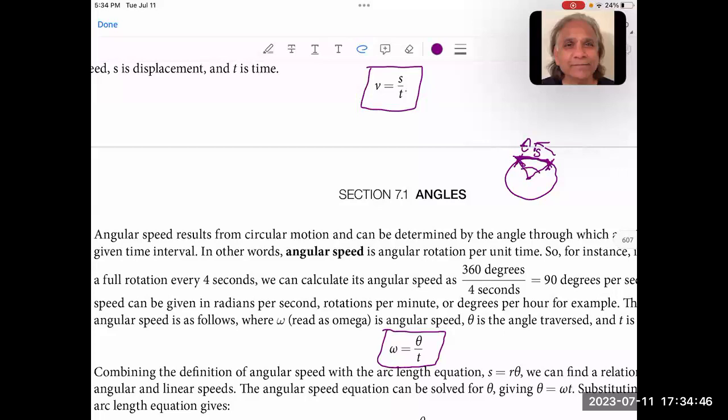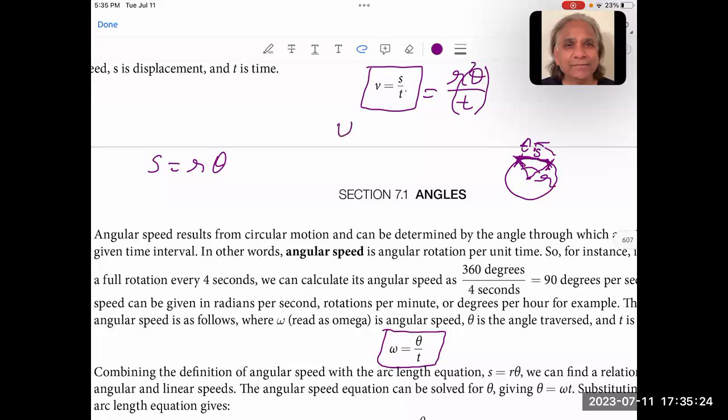Now we know how S and theta are related. The equation we saw earlier is S equals R theta, where R is the radius. So this here is the radius, which basically means you can write V. If I replace S by R theta, this becomes R theta over T. And here, if you isolate theta over T, that part is equal to the angular speed omega.